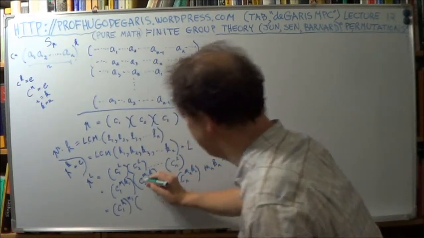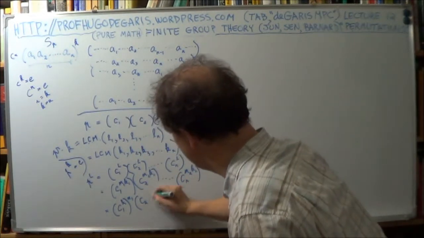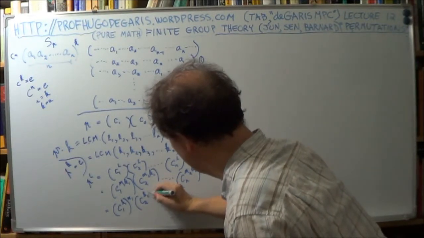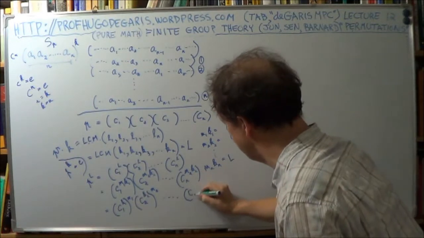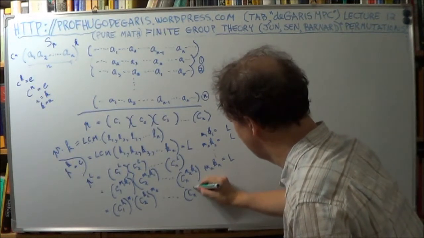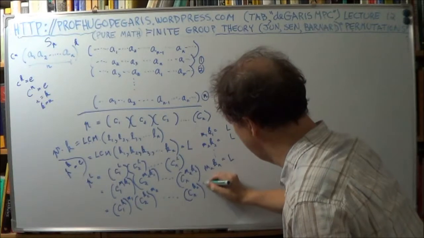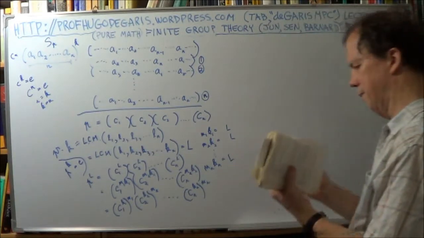Similarly this will be C2 to the K2, all to the M2, dot dot dot, Cn to the Kn, all to the Mn.